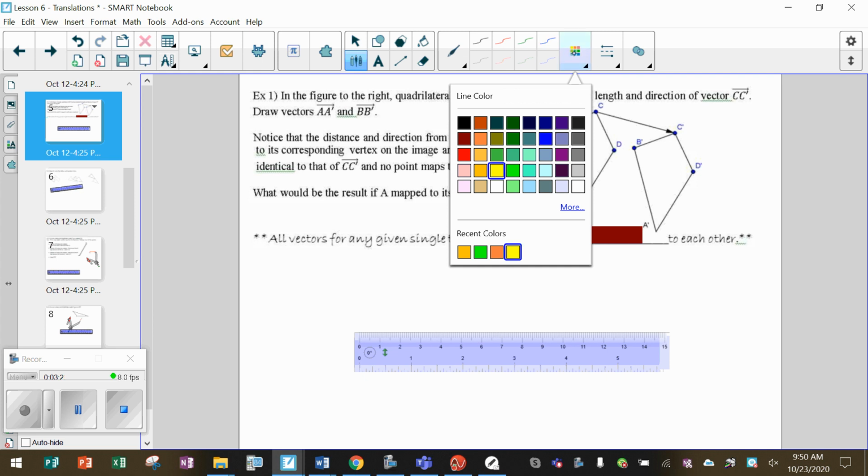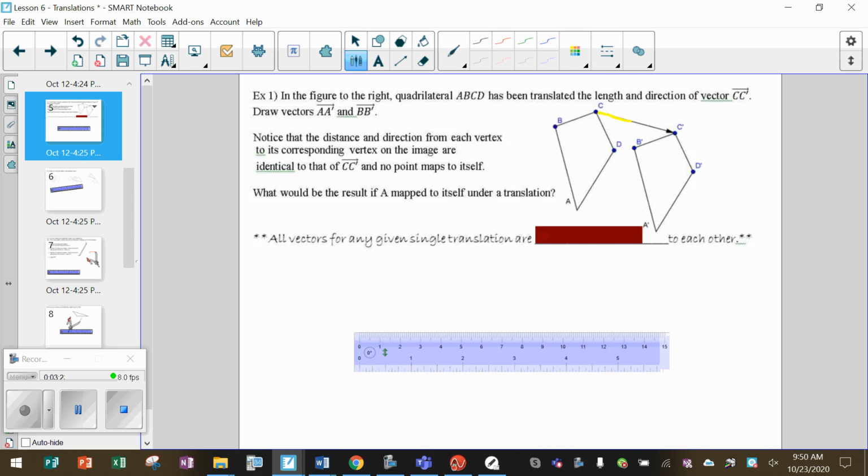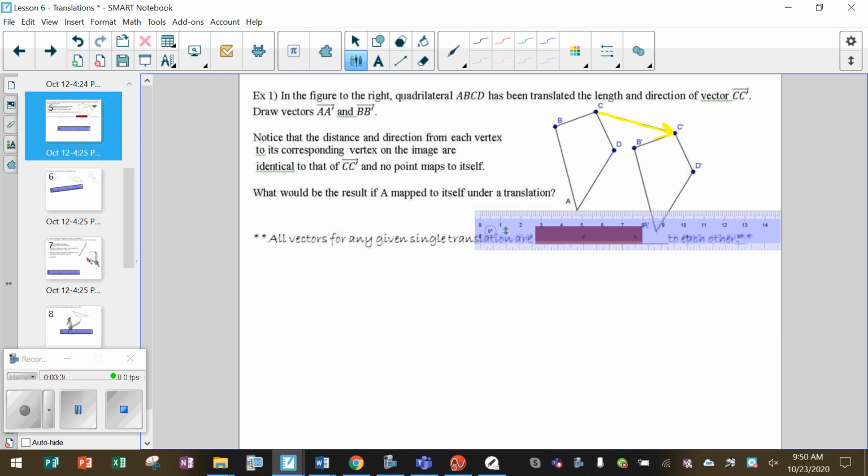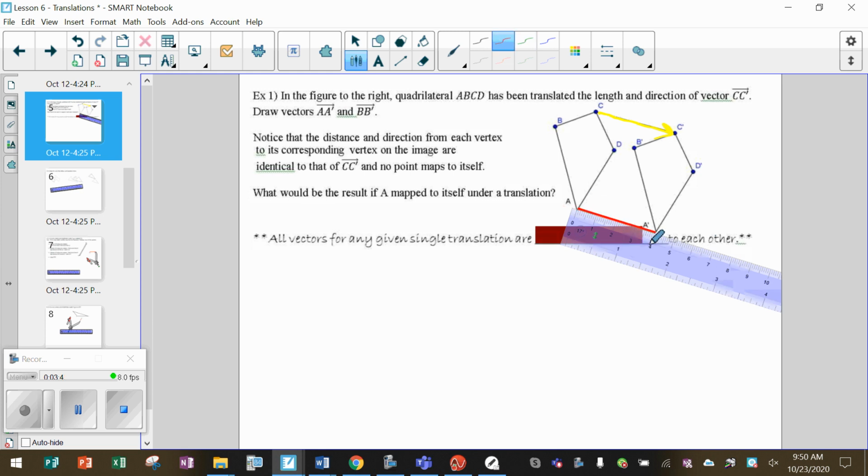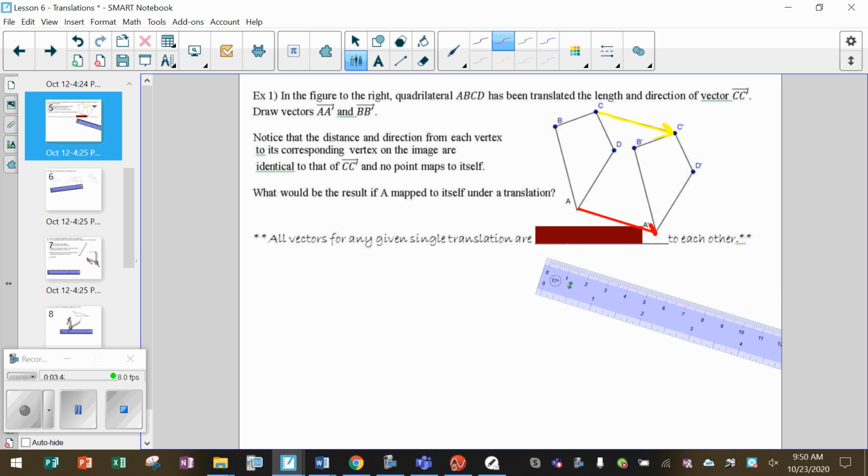What is done for us already is C to C prime as an arrow. Now if I take my straight edge and draw in the vector A to A prime, I need to show the direction that it went, so I have to make it an arrow.